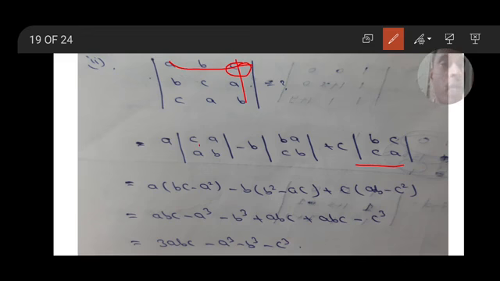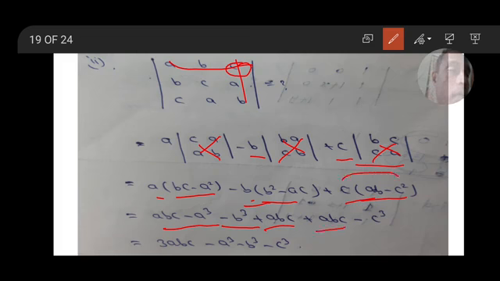So A into (BC minus A squared), minus B into (B squared minus AC), plus C into (AB minus C squared). So multiply with ABC: minus A into A squared is A cubed, minus B into B cubed, and so on, ABC.